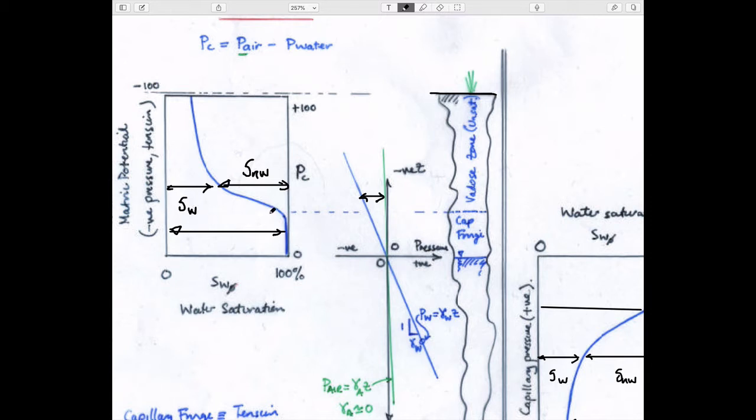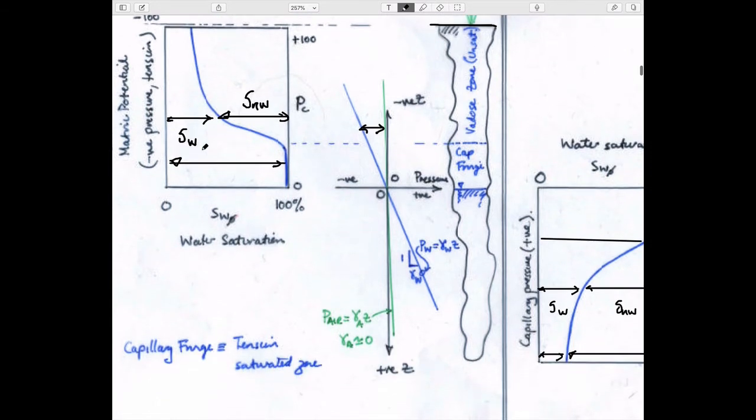Individually, at different stages here, in terms of our comments on pendular and funicular saturation, this would be almost fully water saturated, so this would be funicular saturation, and this would be pendular saturation as you go up, in terms of our definitions.